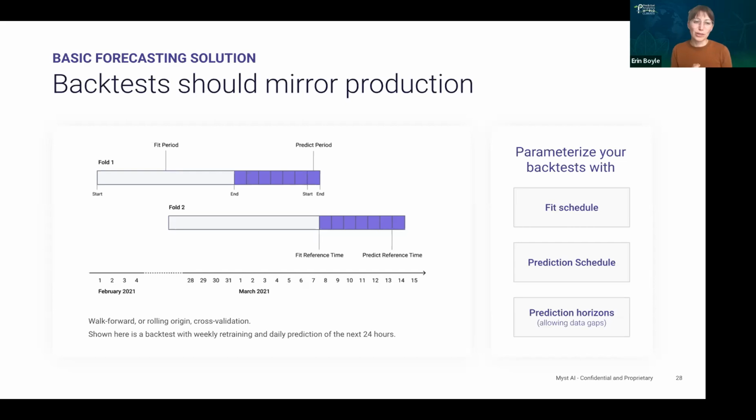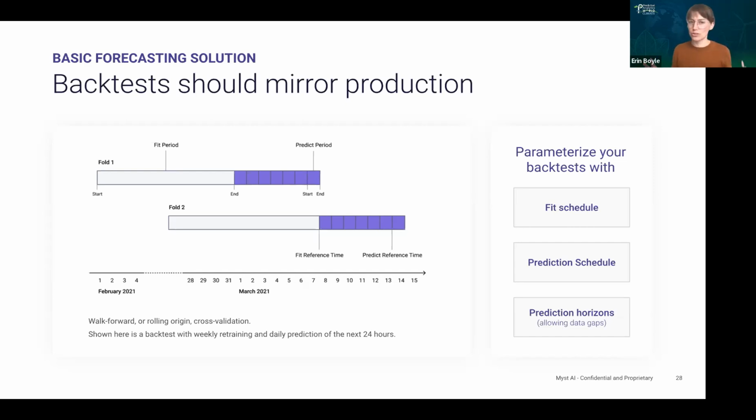The philosophy that we encourage at Myst, though, is to really think hard about how to make that walk forward cross-validation really mirror production. And so because of this, we have made it possible to parameterize your backtests with exactly the kinds of parameters that you would use when you go live in production.